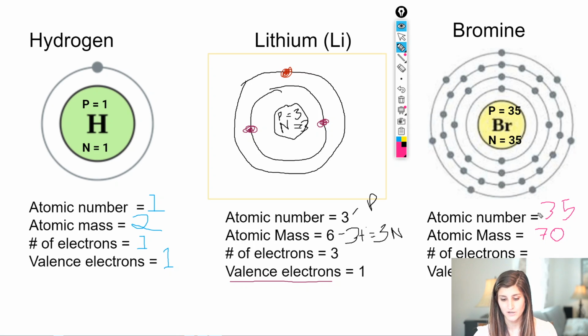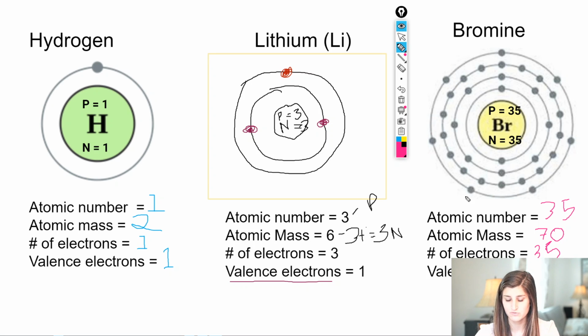So protons and electrons will equal each other. So this number of electrons must be 35. If you want to check your work, you can count them, but I don't want to do that because I know that the number of electrons will be 35. For the valence electrons, though, I would count them because that's going to be my outermost shell.